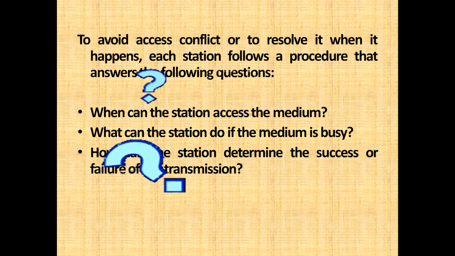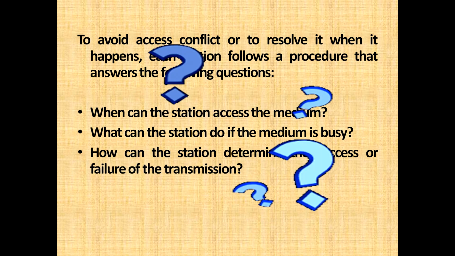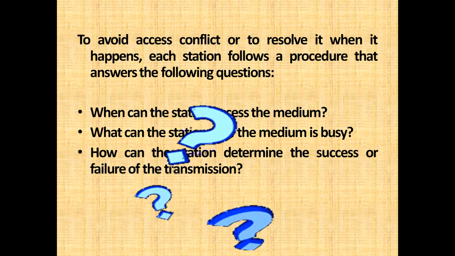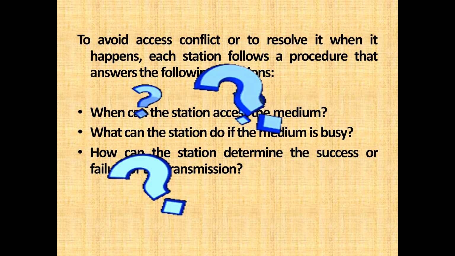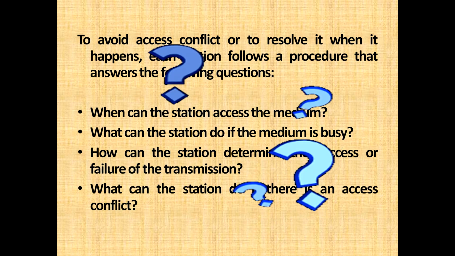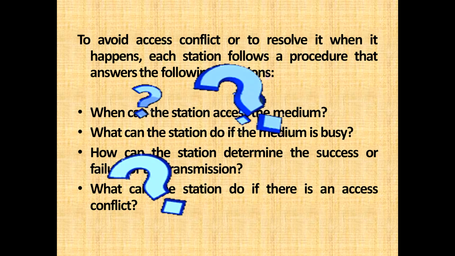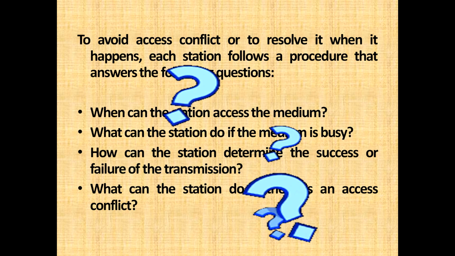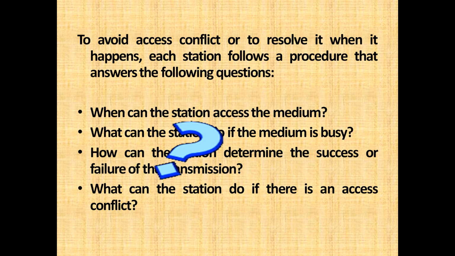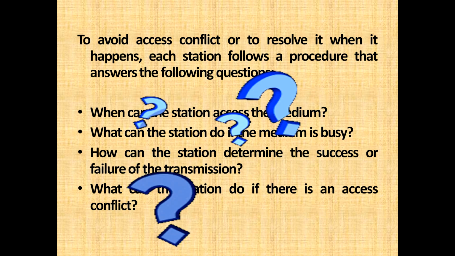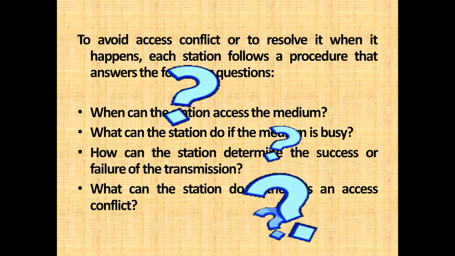How does the station determine whether its frame transmission is a success or failure? Next: what can the station do if there is an access conflict? These questions will be answered in the next videos on random access protocols. Right now, thank you for watching this video.